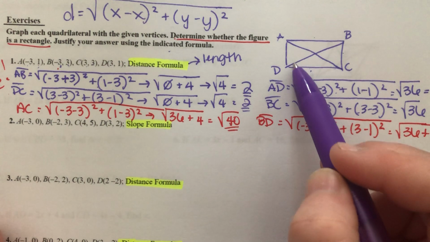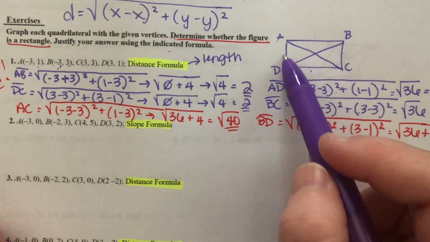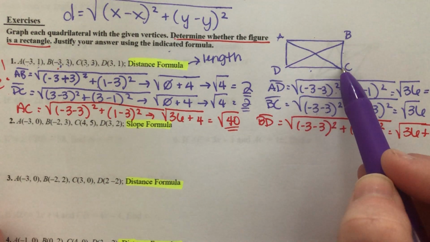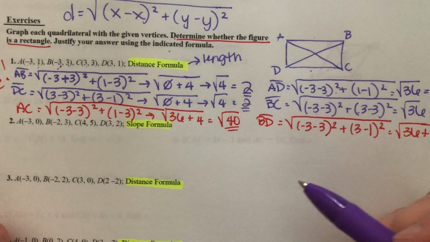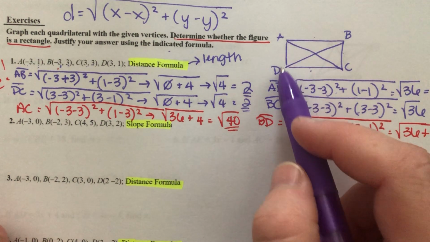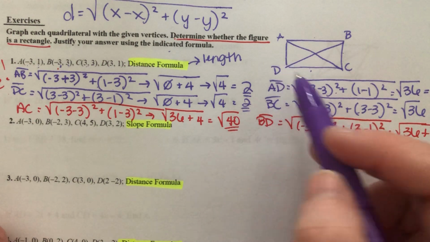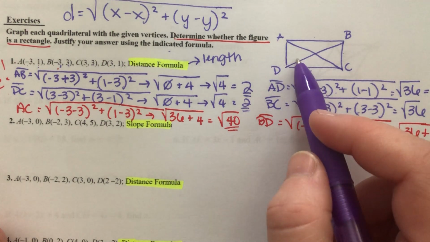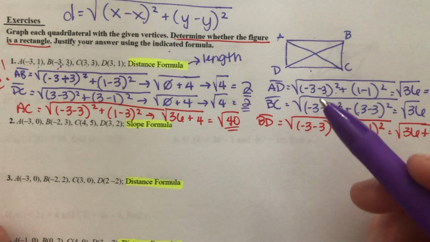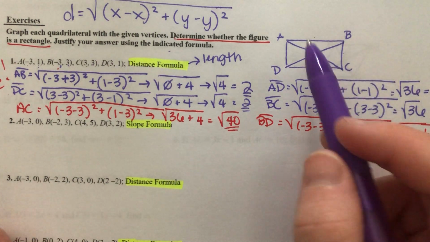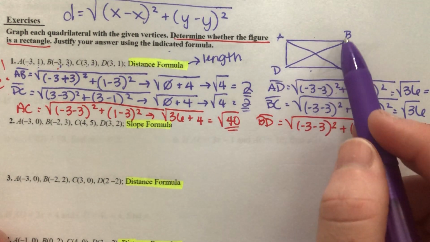Are they going to form a 90-degree angle here, right? So I just have to compare this slope to this slope. And if they are negative reciprocals, then I know they're perpendicular, and that tells me this is a 90-degree angle. If they're not perpendicular, this is not 90, and then that would just tell me that it's a parallelogram and not a rectangle, as long as both pairs of opposite sides are parallel.